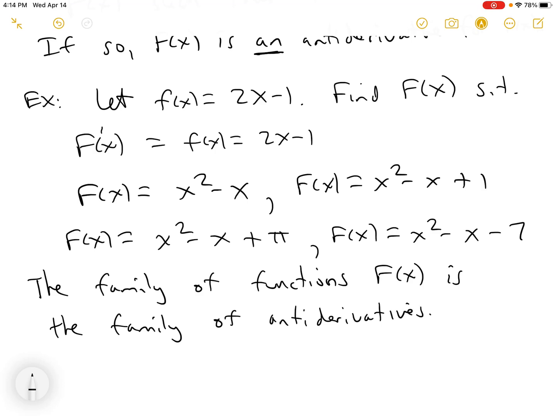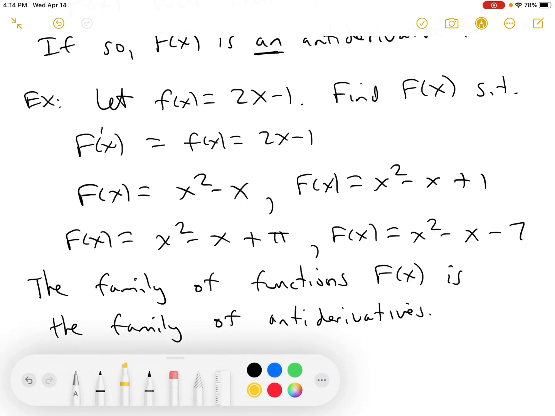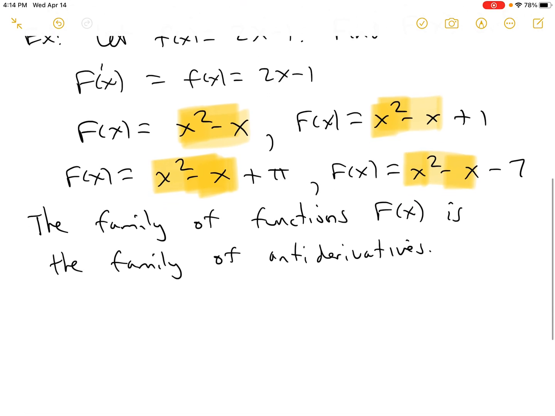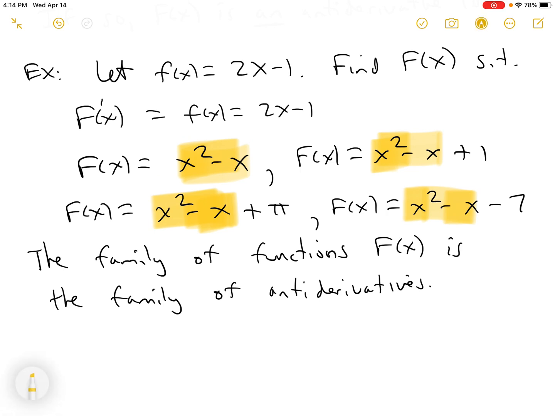And all of these are exactly the same in the sort of x parts, right? This has got to be the same because we need to get 2x minus 1. And what changes here is the constant that we add to the end. So when you find an antiderivative, you slap on a constant because the derivative of a constant is 0.